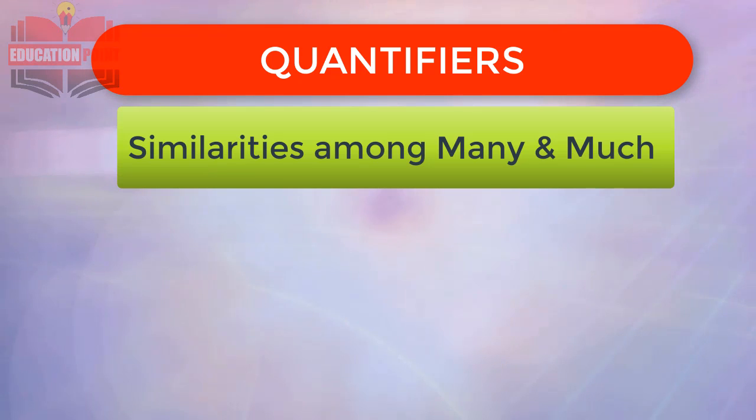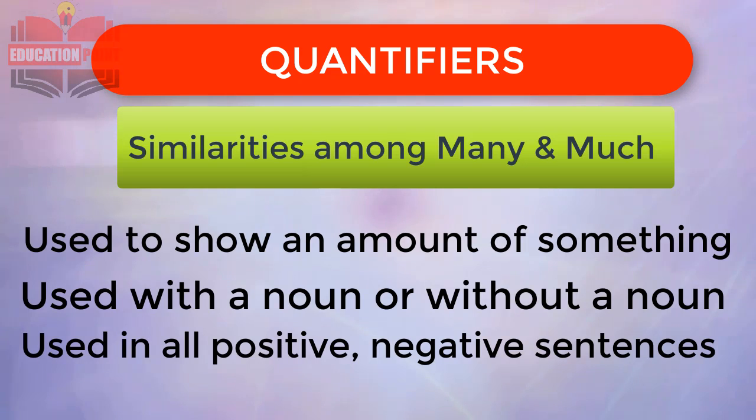Now let's understand some similarities among the many and much quantifiers. Some of the similarities are that it is used to show an amount of something. As discussed, quantifiers are for the purpose of showing you the quantity or the amount of something. Second, it is used with a noun or without a noun, so it is used both ways. Third, it is used in all positive, negative sentences and questions.